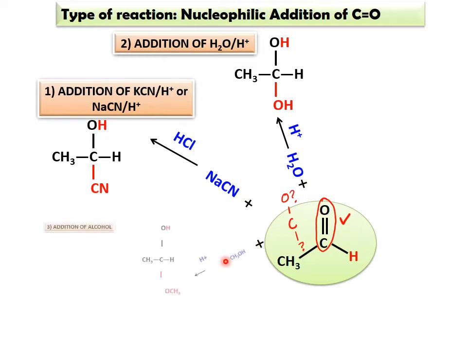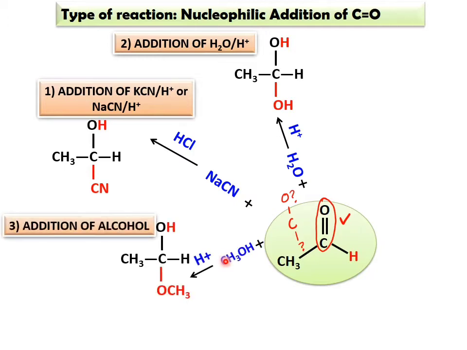Alright. Okay, number 3, we have addition of alcohol. So kita tahu kita ada CH3OH. Kalau kita pecahkan, dia ada CH3O minus, H plus. So dia akan masukkan OCH3 dekat carbon, while hydrogen kita masukkan pada oksigen. So kita dapat hemiacetal.